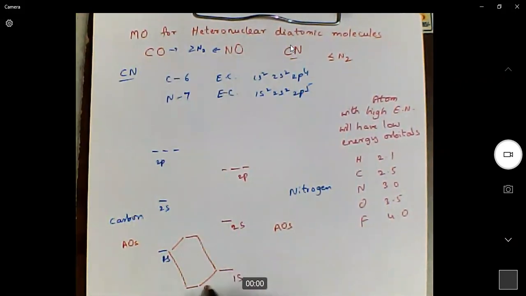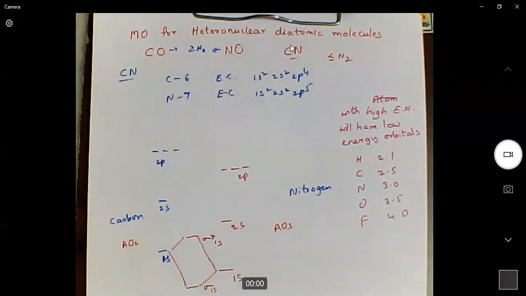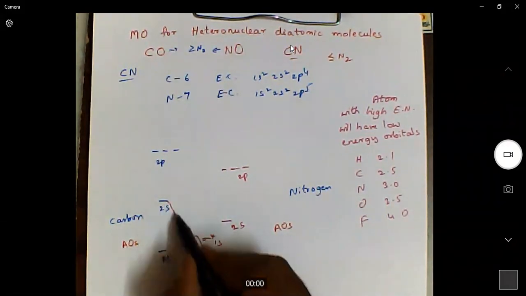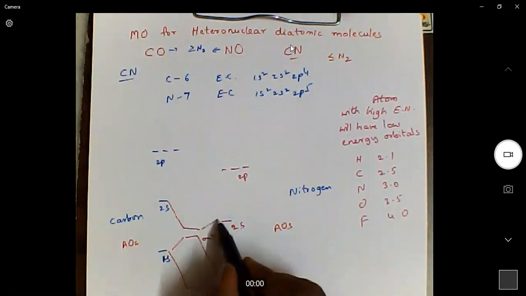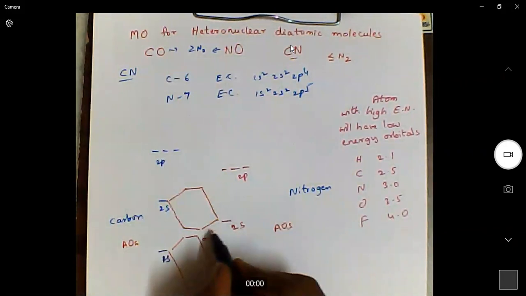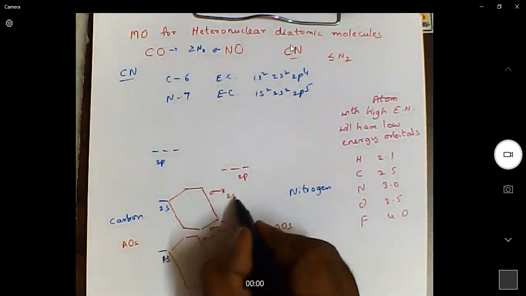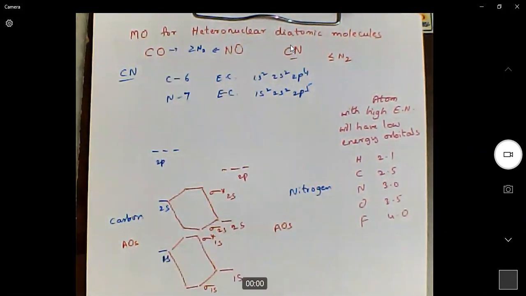This is sigma 1s orbital, this is sigma star 1s orbital. Now from 2s orbitals also we will have two orbitals. One is sigma 2s, another one is sigma star 2s. From 2p orbitals, we will have one sigma orbital and two pi orbitals.